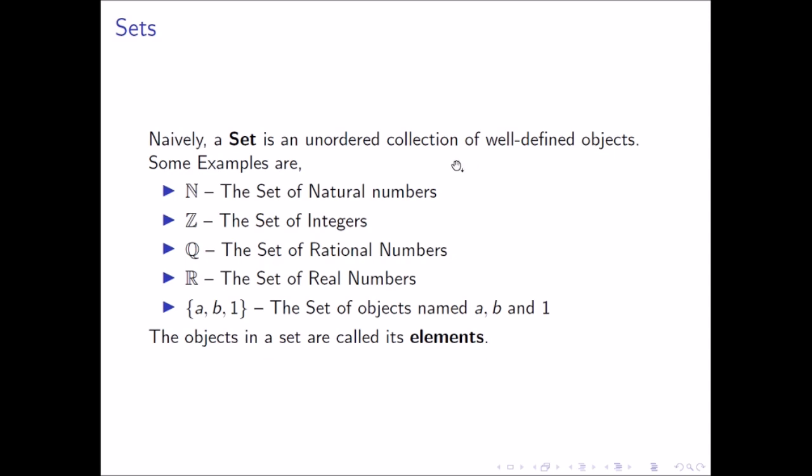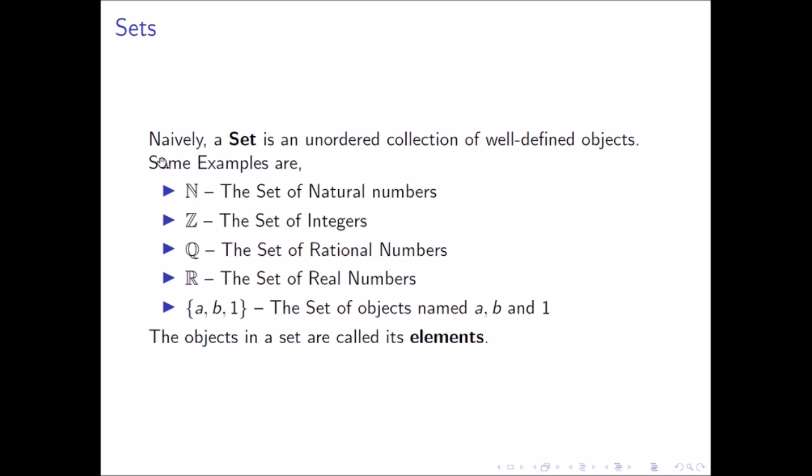We have not yet said what well-defined objects are, and that's why the definition is naive. But the unordered part is clear. That is, for example, the sets {a, b, 1} and {1, a, b} are actually the same. It's just a collection. Order is not maintained inside it.